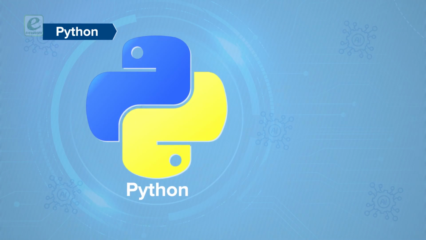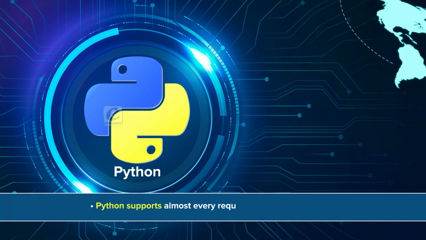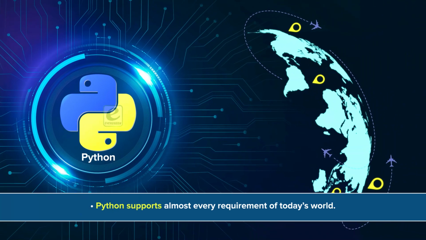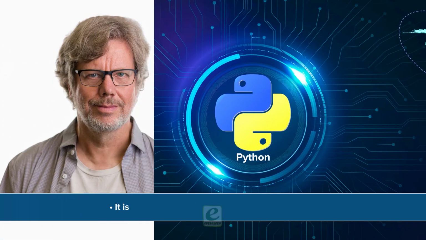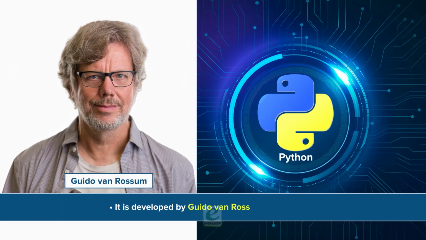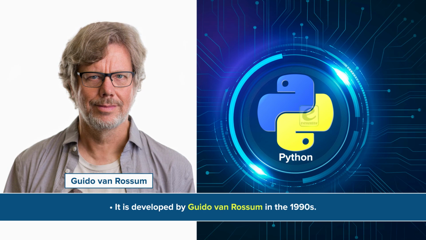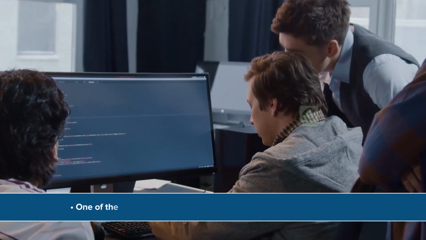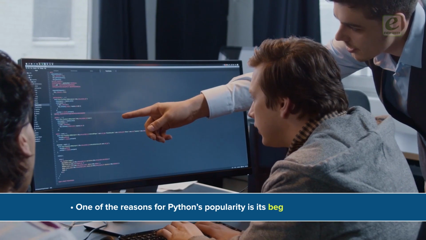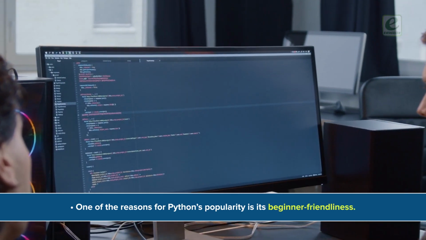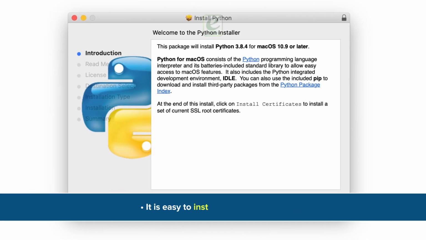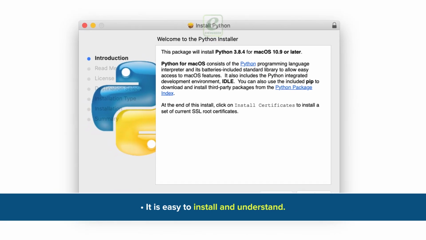Python. Python supports almost every requirement of today's world. It was developed by Guido van Rossum in the 1990s. One of the reasons for Python's popularity is its beginner friendliness. It is easy to install and understand.